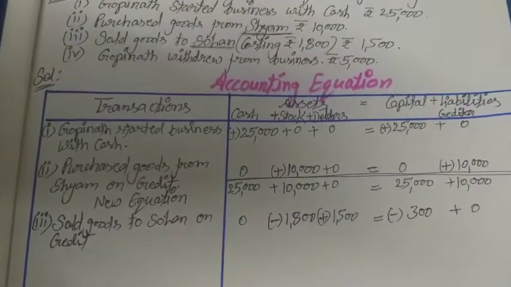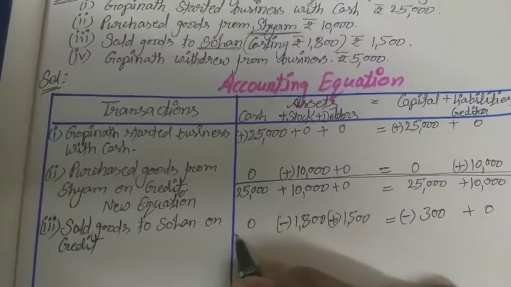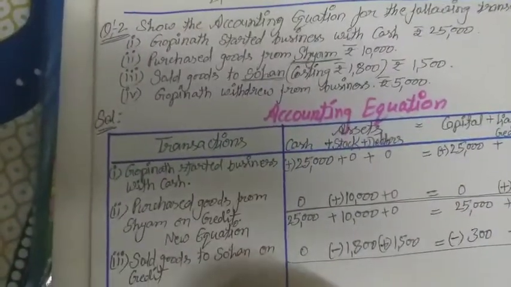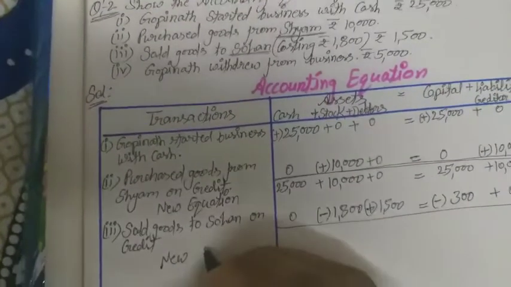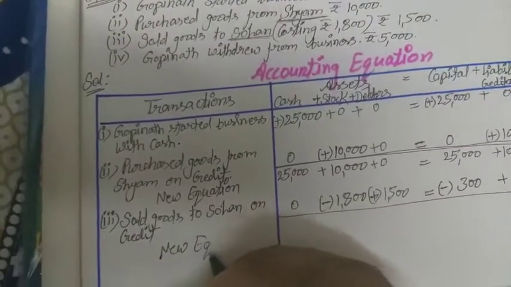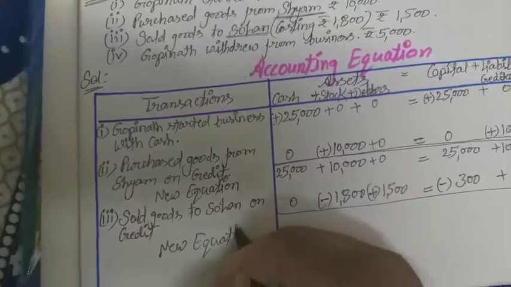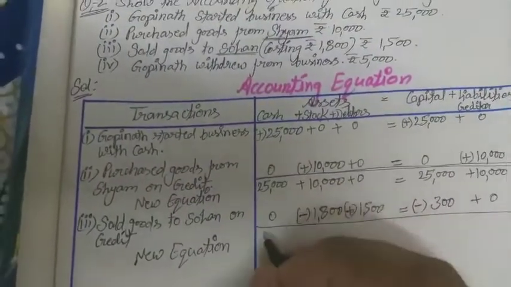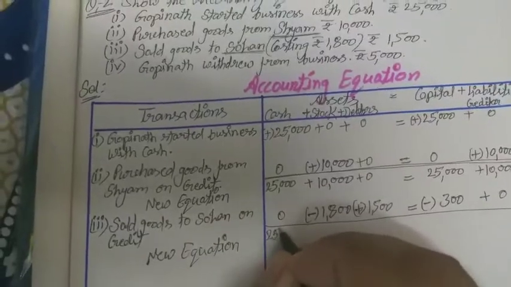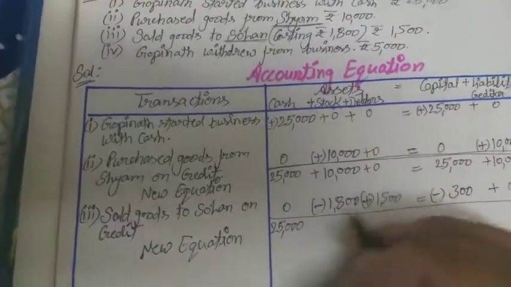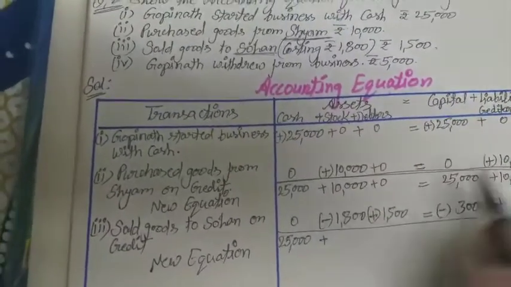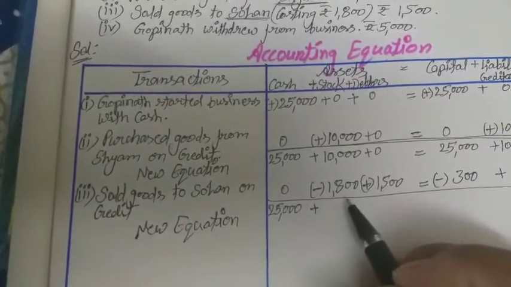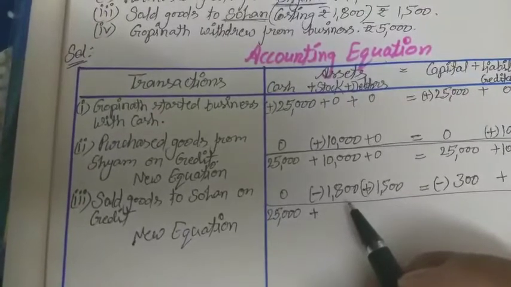Did you get it? So again a new equation. Cash of rupees 25,000, no effect on cash, plus 10,000 of stock was there, but 1800 of value of stock was sold out.